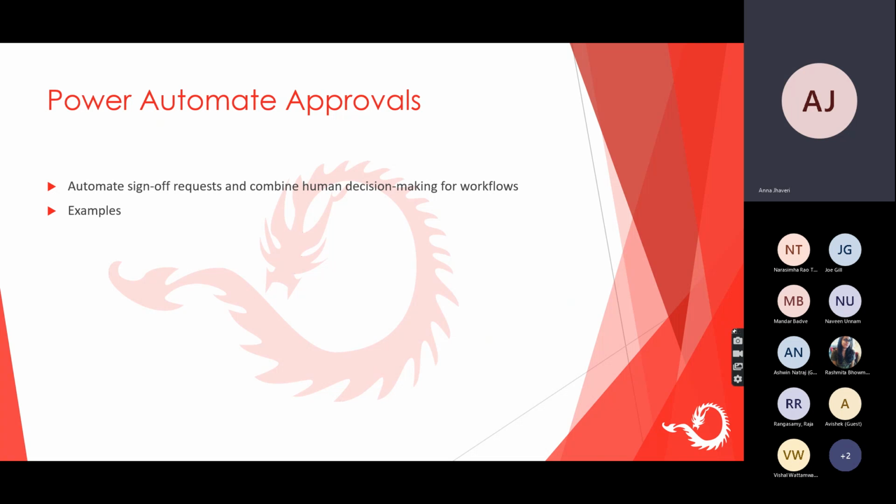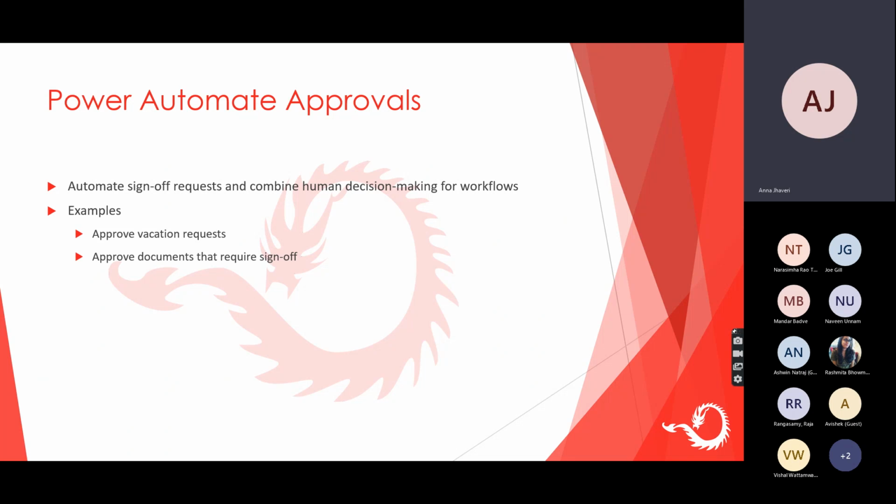Some of the examples of workflows that you can build with Power Automate could be approving vacation requests. Because you might have an intranet for your customers or for your organization in your Office 365 environment, and vacation request is the most common thing that a small, medium, or large company would need.